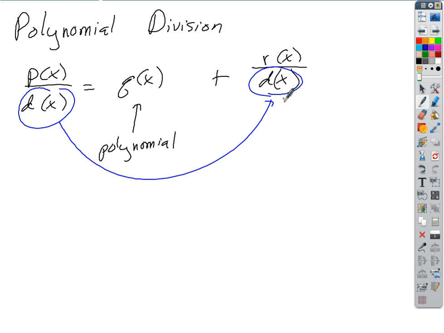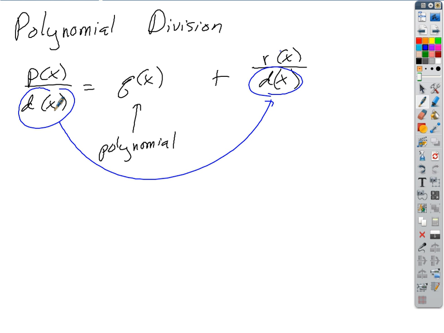And this is the same kind of thing you would have seen with normal long division of numbers, right? If we divide two numbers, typically we get some integer plus a fraction, some remainder divided by whatever the number on the bottom was.